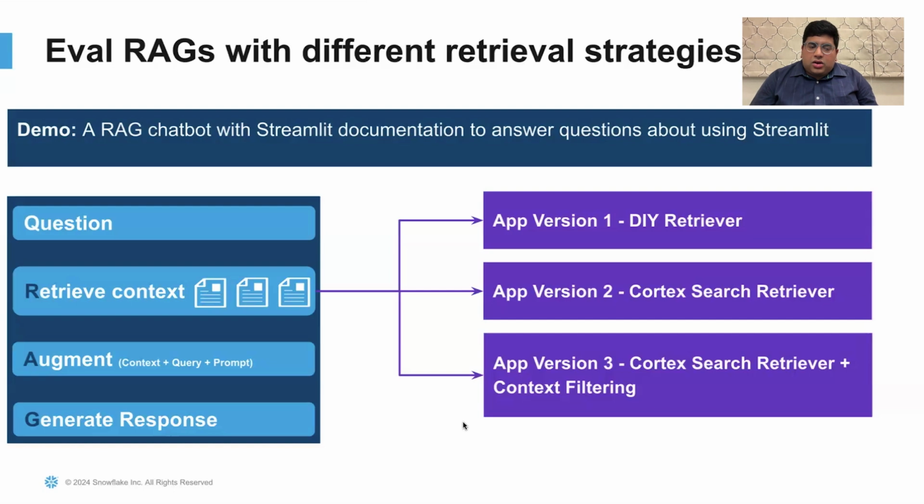I have iterated on 3 different retrieval strategies while keeping all the other components of the RAG app constant. For the first version, I have written a DIY retriever myself. For the second version, I'm using Snowflake's Cortex Search as a retriever. And for the third version, I'll be combining Cortex Search retriever with context filtering, where I'll be filtering out any context chunk that has context relevance of less than 0.5.